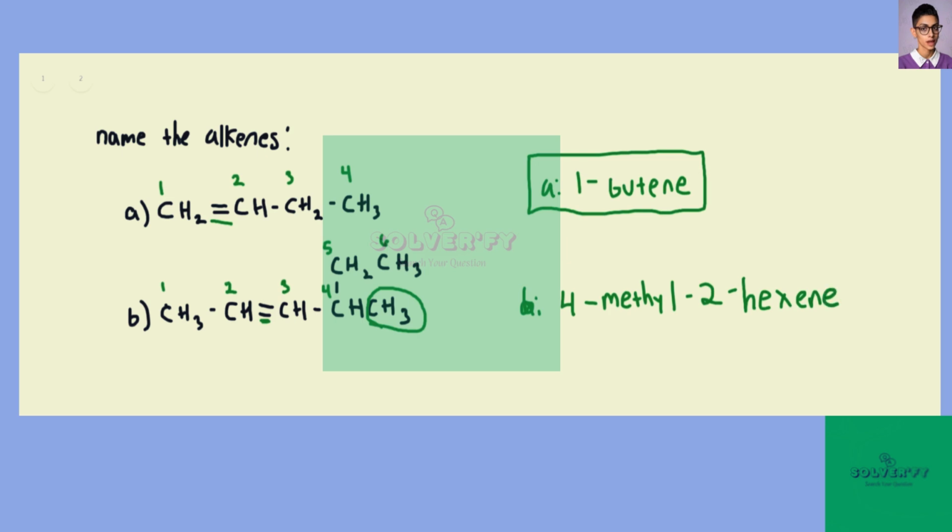And then the root name hexene, because the longest continuous chain here is 6 carbons. And so you put it in that order: the position of the substituent, the identity, the number for the double bond, and then the carbon root.